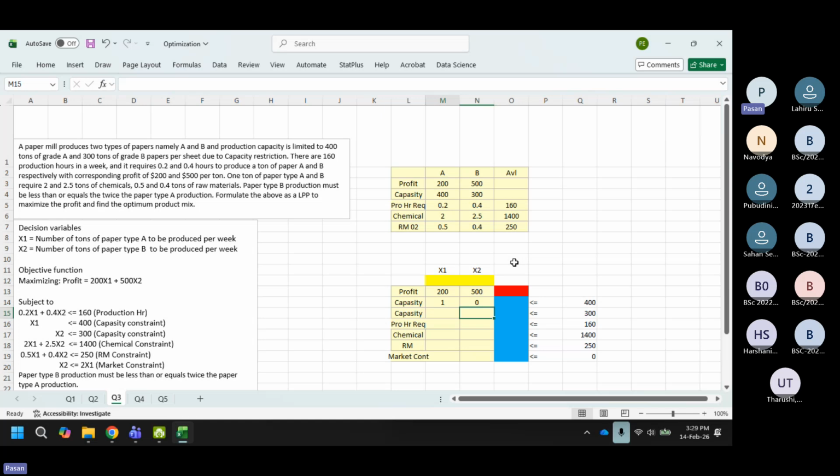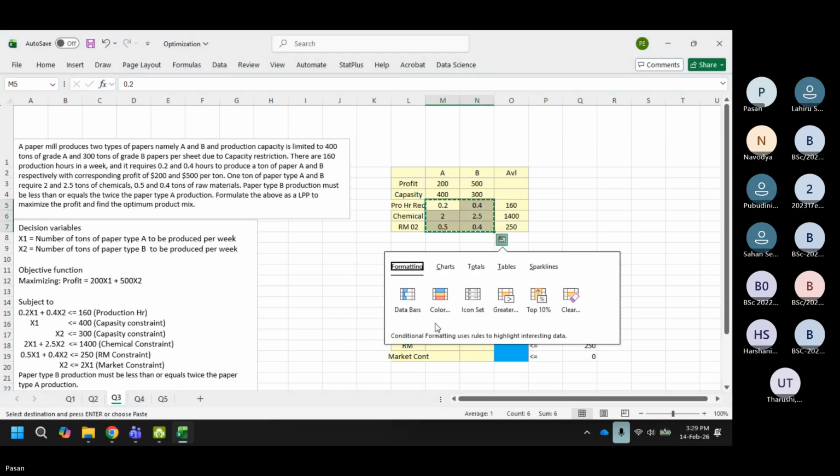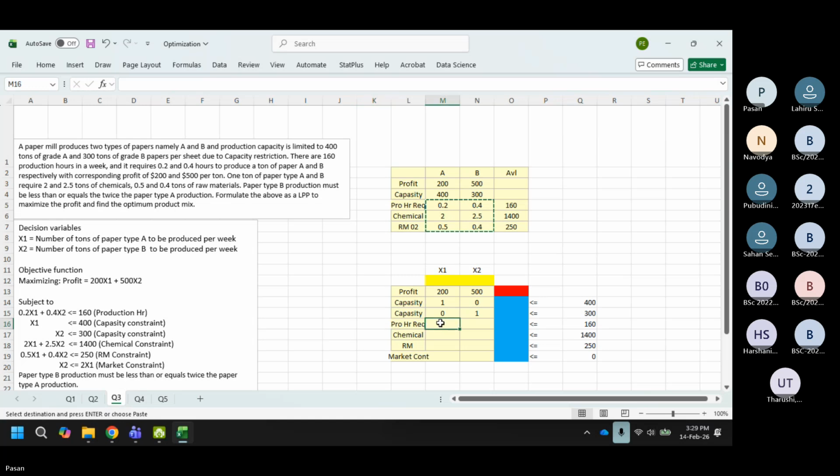And in terms of x2, this is 0 and this is 1, so x2 is less than or equal to 300. And then the production hours, chemical and raw materials, I can add these three there.